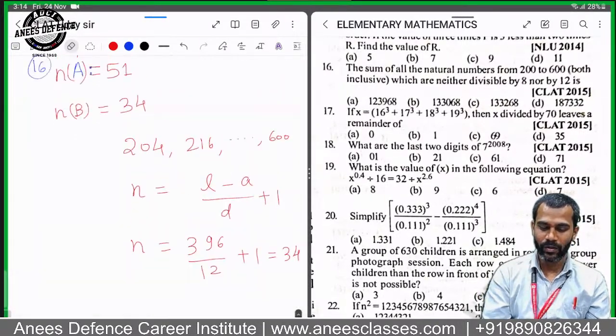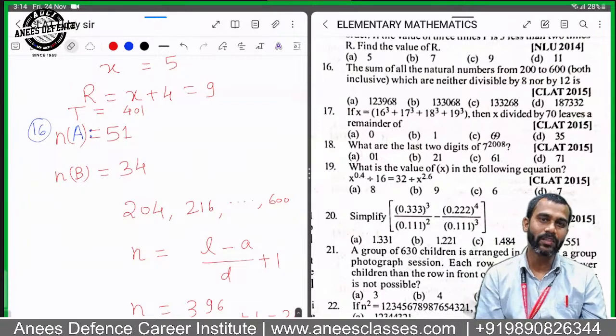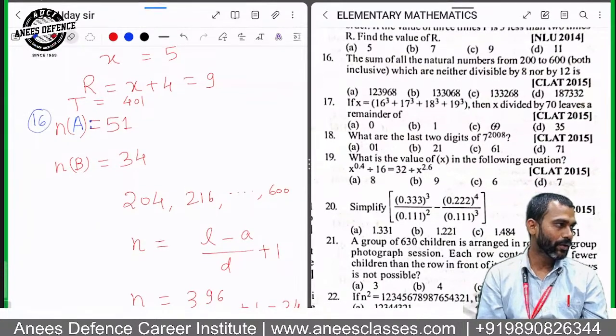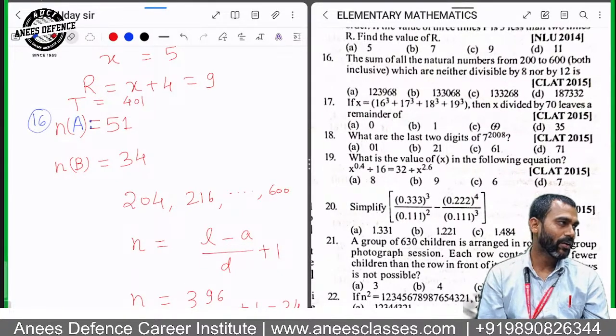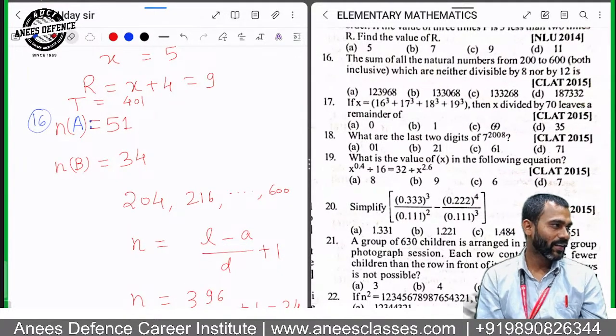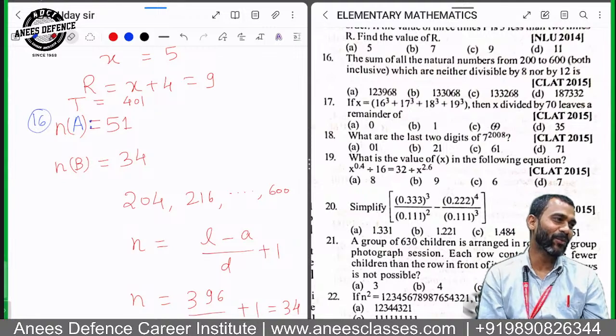So what is the first number after 200 which is completely divisible by 24? Just divide 200 by 24. Whatever the remainder you get, you need to subtract it from 24 and add it to 200.